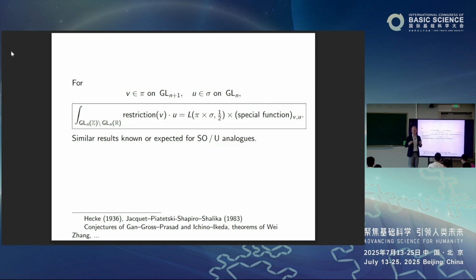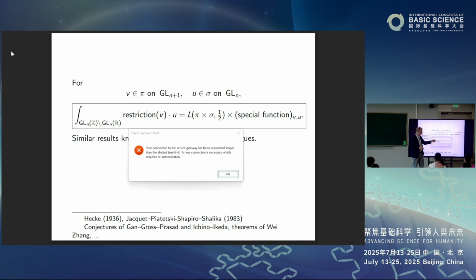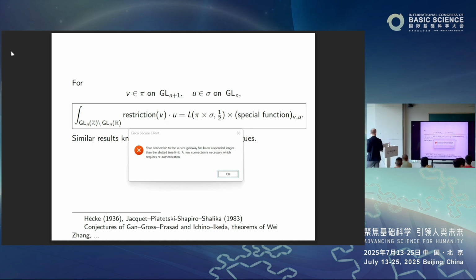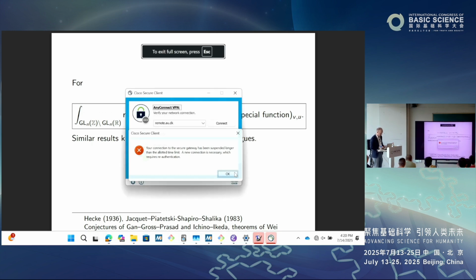So in the setting of the previous slide, this L function was just the zeta function. The automorphic form on the bigger group was the theta function, the automorphic form on the smaller group was the absolute value to the s, and the special function was just the gamma function evaluated at s.